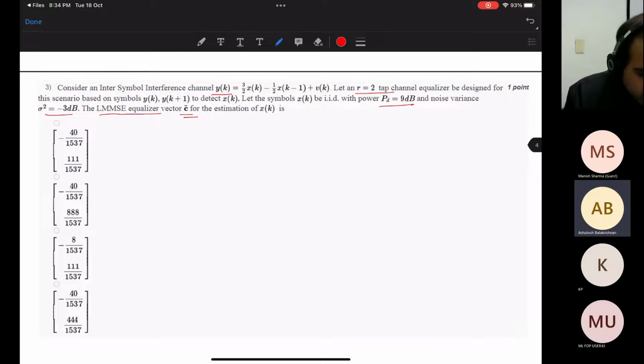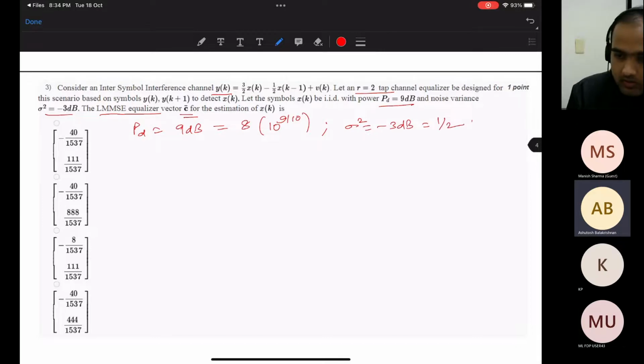First, PD is 9 dB, so 10 to the power 9 by 10 comes out to be 8; you can use a calculator for this. And sigma square is minus 3 dB, which comes out to be half.